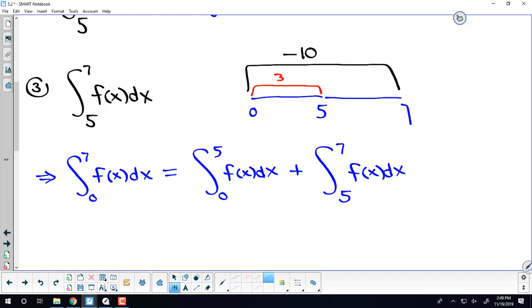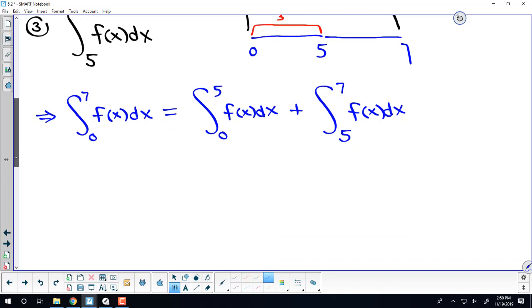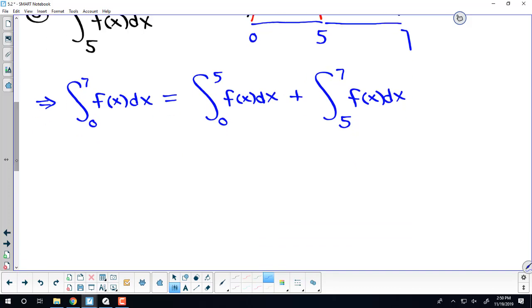Out of all of the infinite possibilities, we know this has to be true: the overall net area has to be this net area plus this net area. That's how we have to think of it, because it eliminates the infinite number of possibilities.